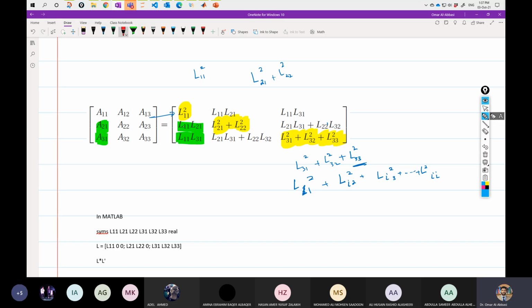So what is happening? Can you see the row and column?